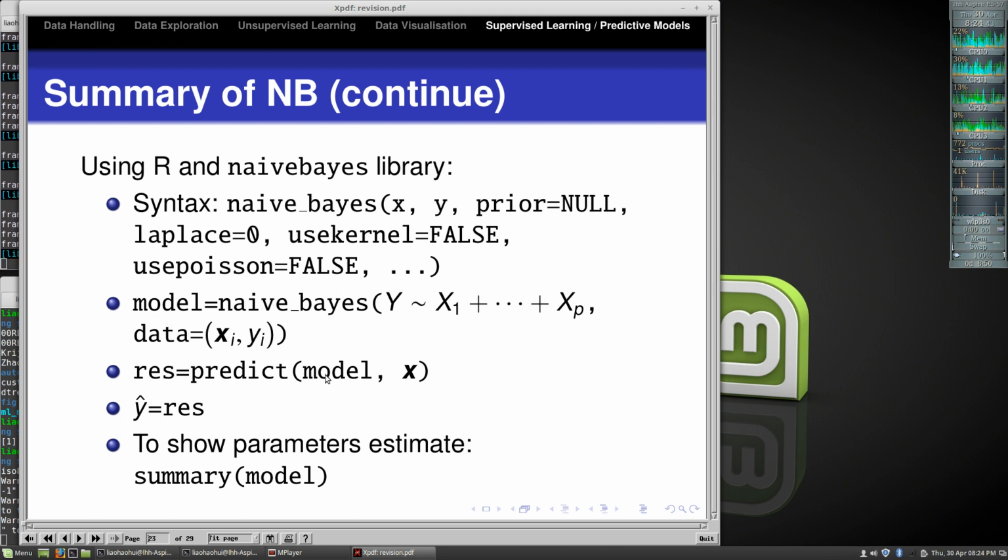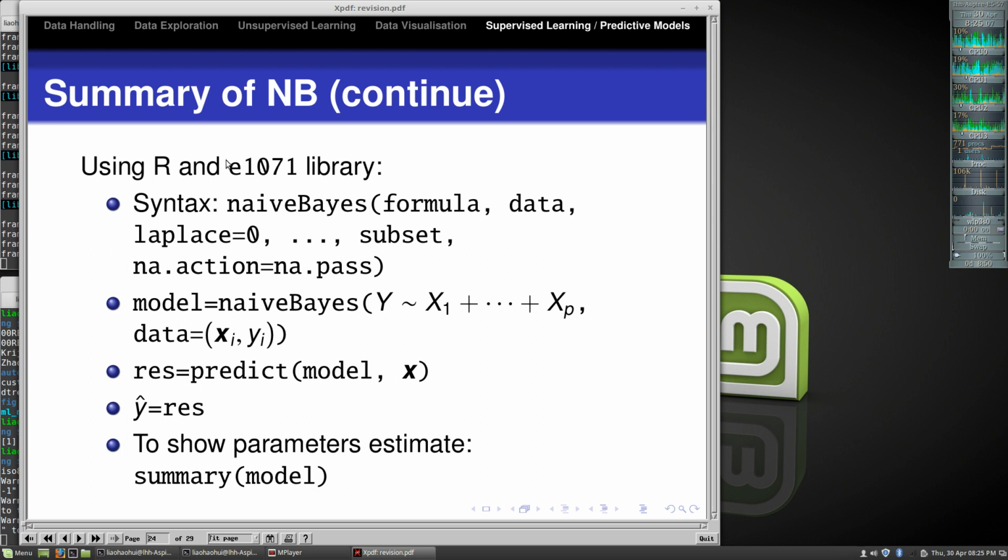So this is a parametric model. The parametric model will be used to predict x. So we predict x given this model, and then we get the result. I think by default the type is actually just the class.